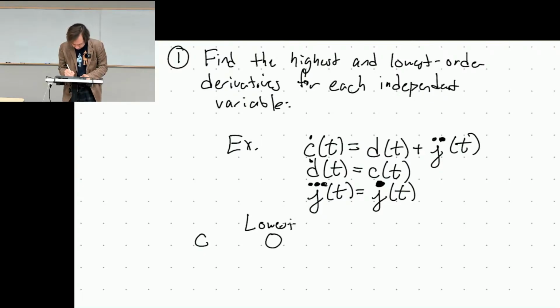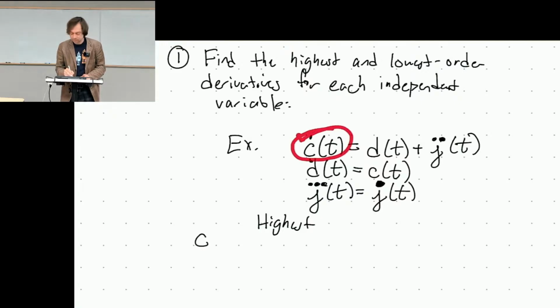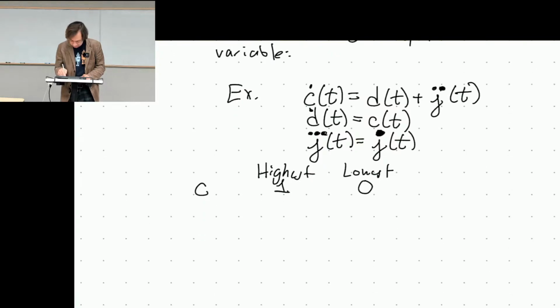Sorry, I apologize. Let's do highest first. I hate to make you erase. Let's do the highest order derivative. The highest I see is C dot, right? C dot. And the lowest is C. So the highest order is 1, single derivative. And the lowest is 0. What about for D?